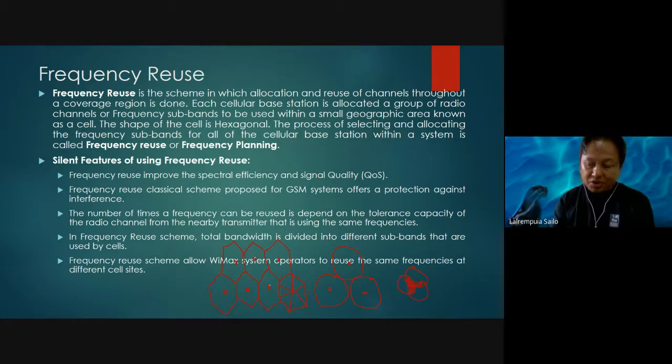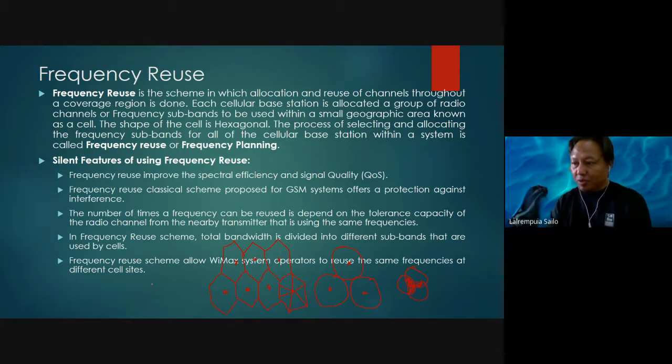And if we put a center tower in each hexagon, then the distance to the edge is almost the same, not exactly the same like a circle, but the distance is almost acceptable.